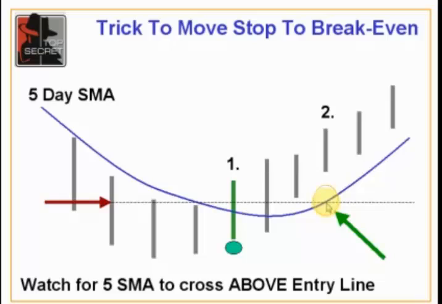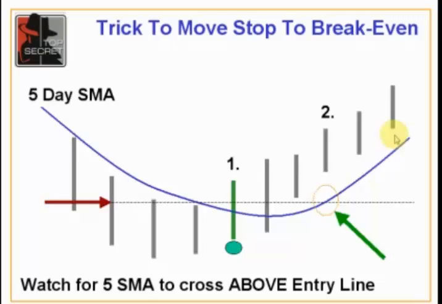Here they are. Write this down. I don't have a graphic for it. Any day that gaps up from the previous day, put your stop below the low of the previous day. Or any day that gives you a super long range day, you can put the stop directly below that day.